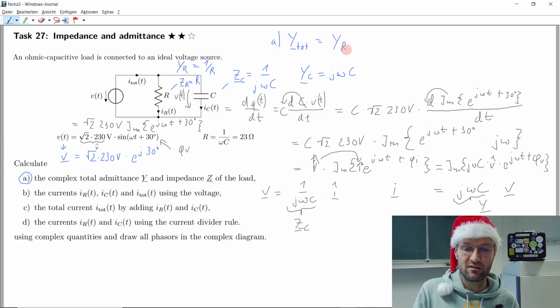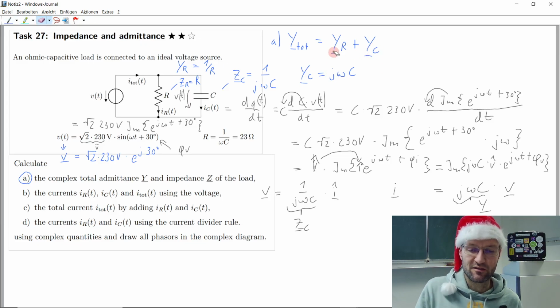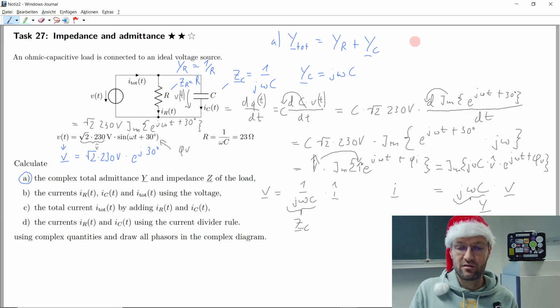So in our case, it would be the admittance of the resistor plus the admittance of the capacitor. And it does not really matter if this one has an underscore or not. And so the total impedance, the easiest way to do this would be to do the inverse of this.